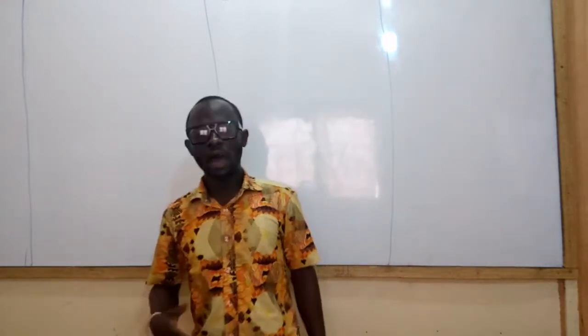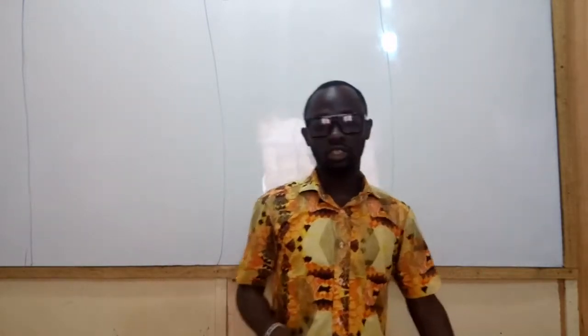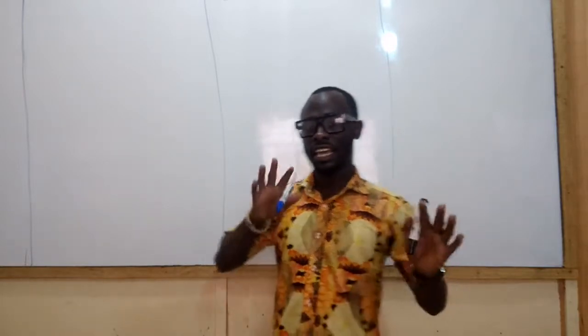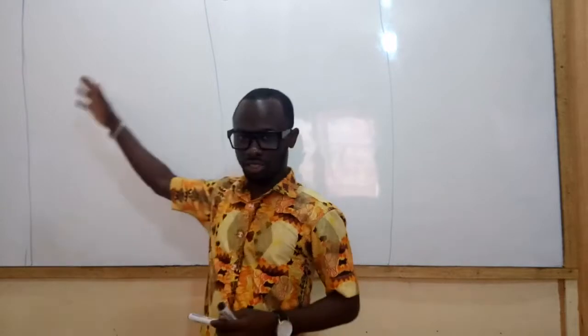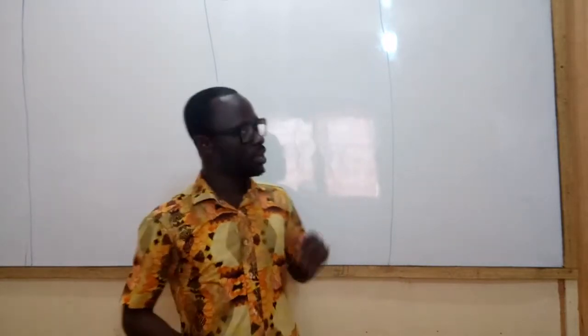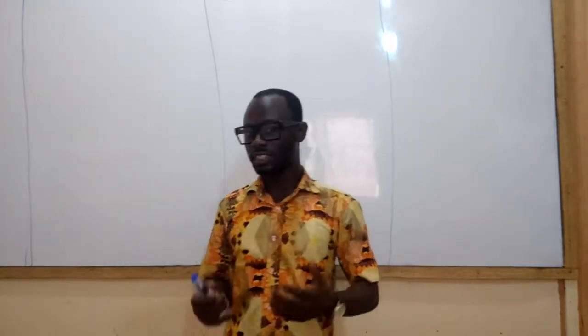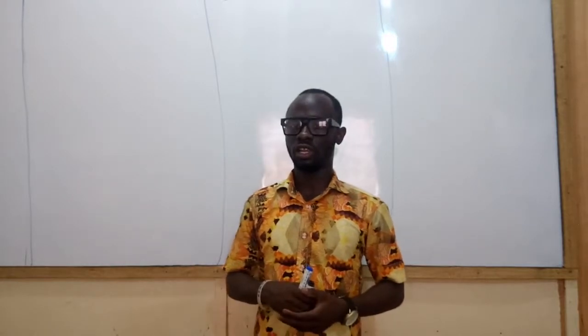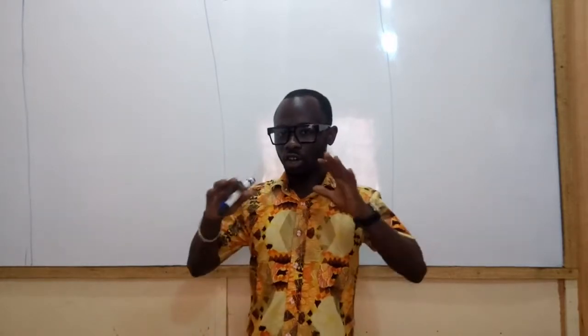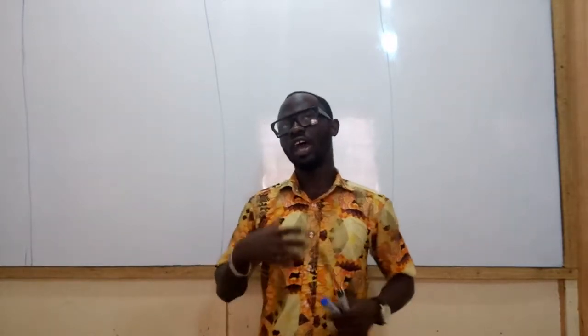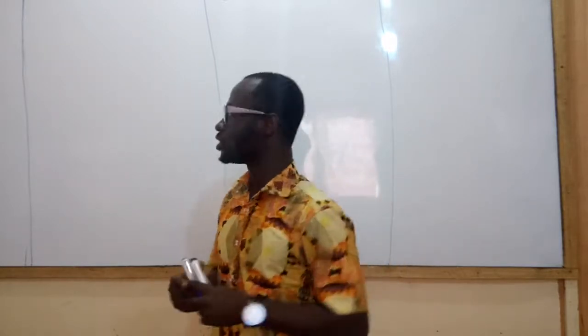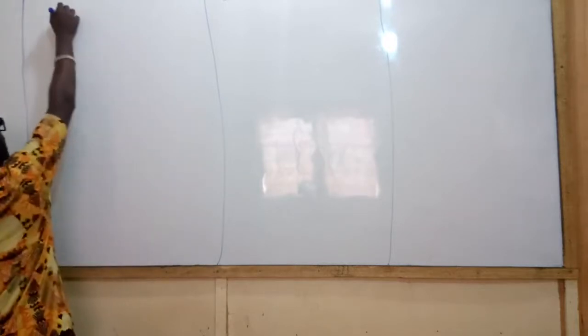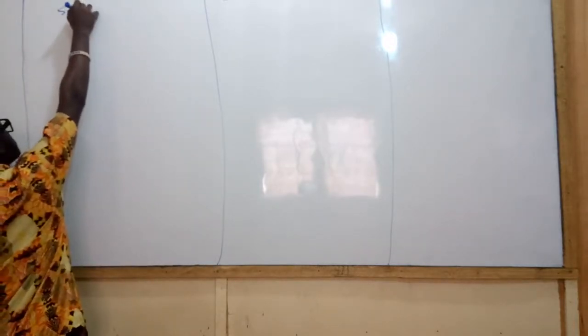Now, the way I want to solve this question is to put the transactions in their various ledgers. So we're going to have sales ledger, then we will have purchases ledger, then certainly we will have general ledger. All right? So we're going to do it in that way so that you kind of know how to classify all the transactions. So let's put here our sales ledger.